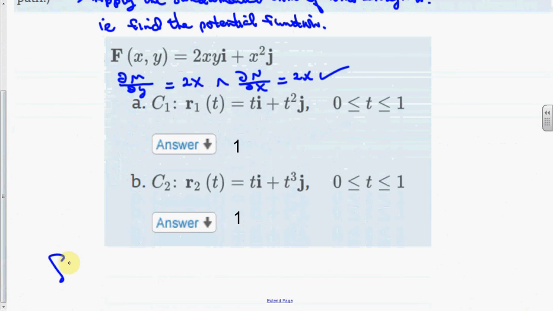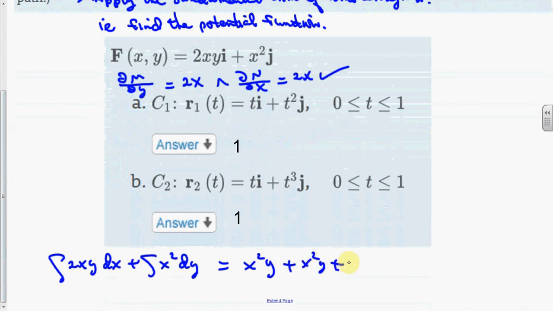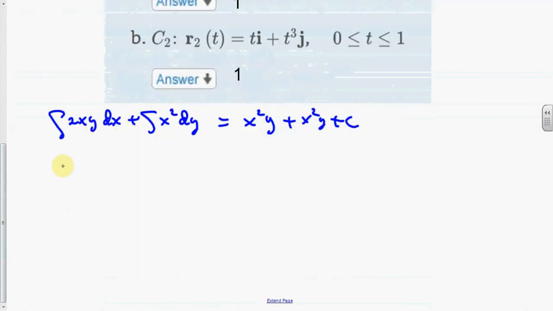So I integrate 2xy dx plus the integral of x squared dy. So I get x squared y plus x squared y plus c. So we use the potential function f(x, y) to be x squared times y.